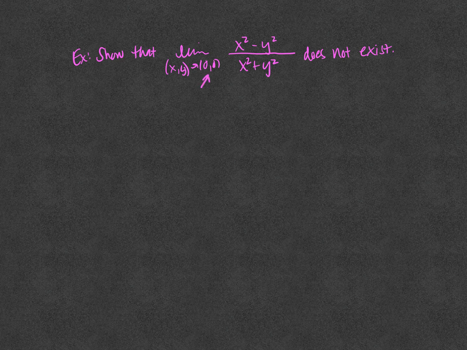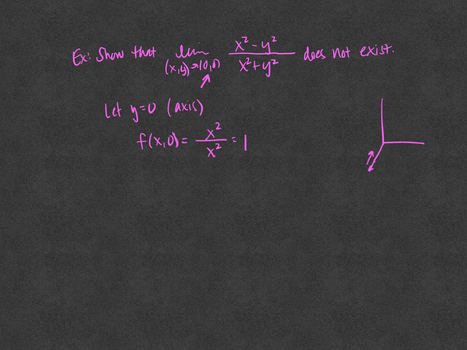Let's start with letting y equal 0, which means we're pulling this along the x-axis. We're taking our 3D surface and we're reading it along the x-axis at this point. Now we're going to say f of (x, 0), because we're going to let y equal 0, equals x squared minus 0, which is x squared, over x squared plus 0, which is x squared, so this value is 1.